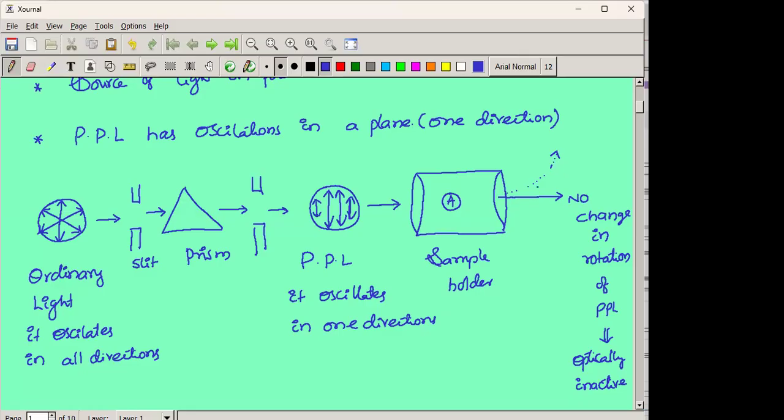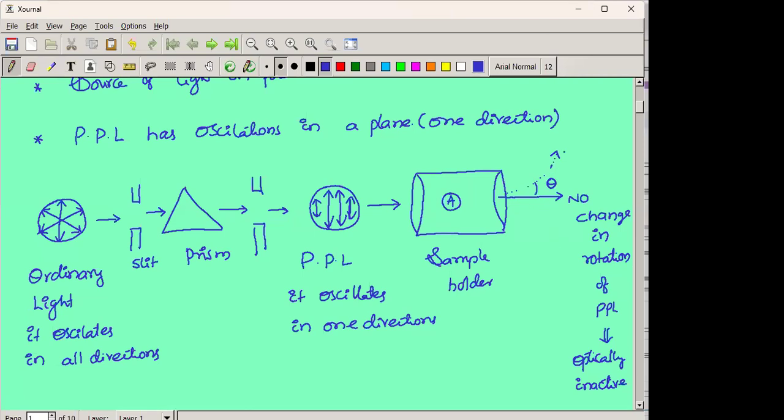There is some deviation in the angle. This is a straight line. If it falls in a straight line, there is no change in rotation, but it can be tilted from that straight line. So there is a rotation. This rotation is considered as optical rotation, represented with theta or alpha.